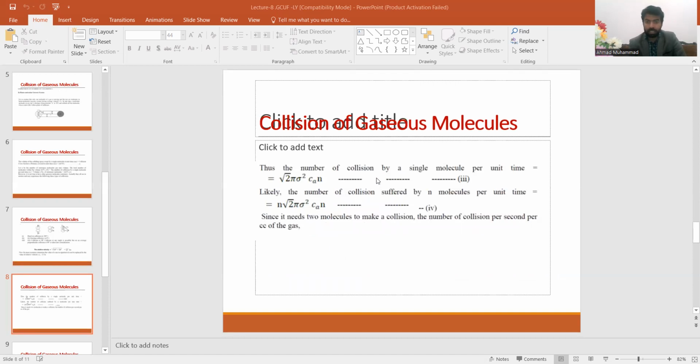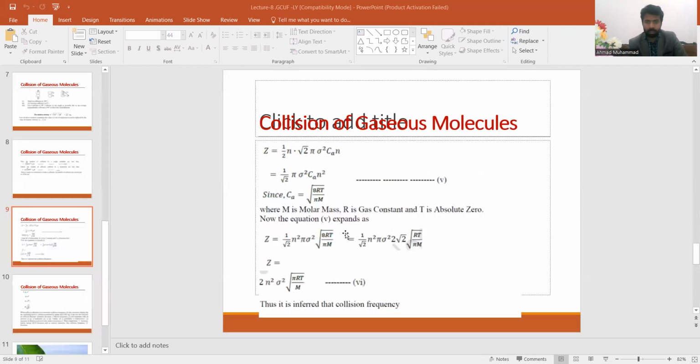Thus, the number of collisions by a single molecule per unit time is equal to root 2 pi sigma square Ca n. Likewise, the number of collisions suffered by n molecules per unit time is this equation multiplied by n, because n number of molecules collide and are suffered by n molecules. So n also multiplies the above equation.